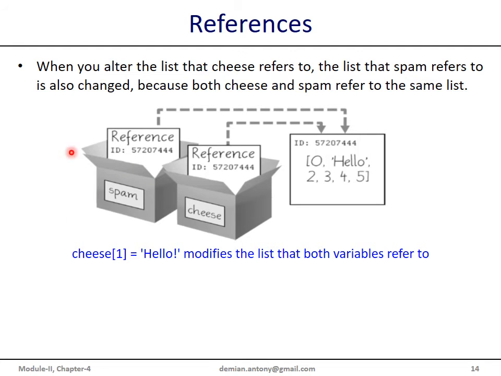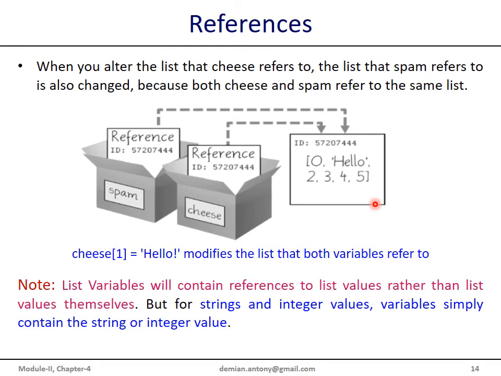This is a pictorial representation of the previous example. We have two list references, spam and cheese, which point to the same list. And if you manipulate the individual elements of a list through cheese, it even affects spam, as the spam and cheese variables are reference variables to a list having the same values.